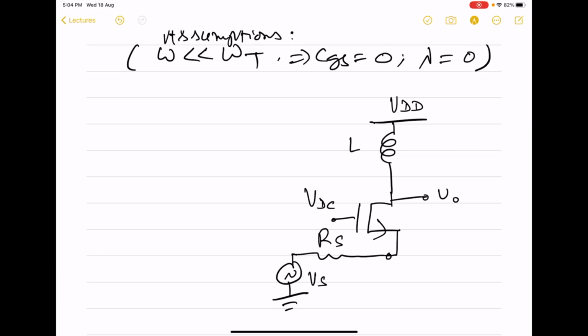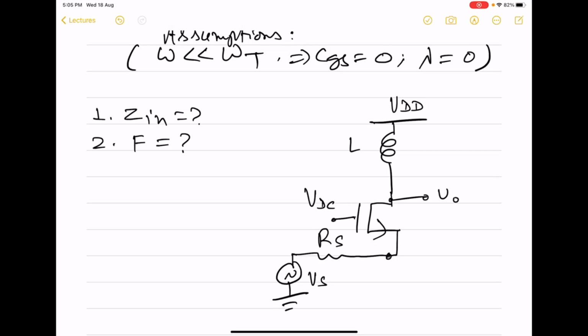Here the input is at the source and the output is as usual from the drain, and the gate is connected to a DC bias. For this circuit, we will try to find out the input impedance, then we will try to find the noise factor.